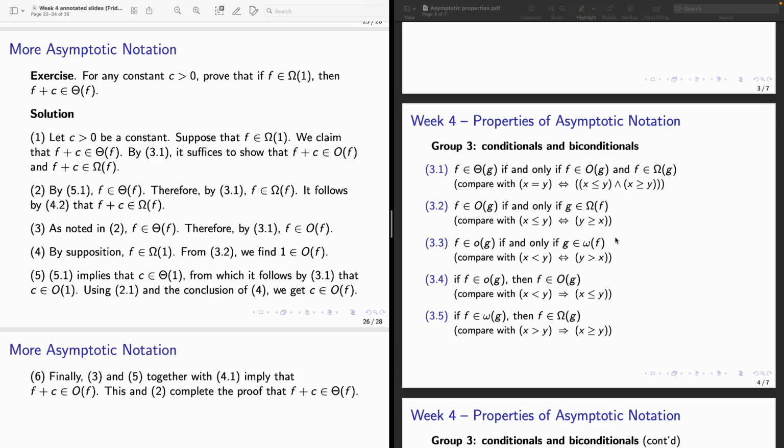Now we'll show that if f is in big omega of 1, so f just has any growth rate at all, then f plus some constant is in big theta of itself. So we let c be a positive constant and suppose that f is in big omega of 1.